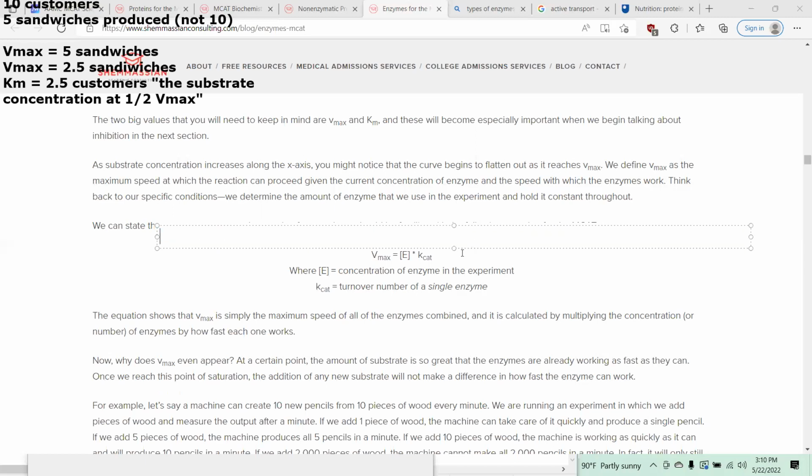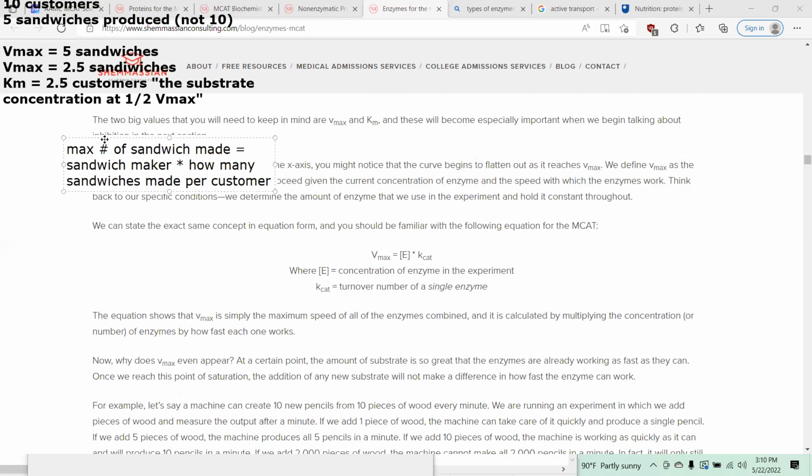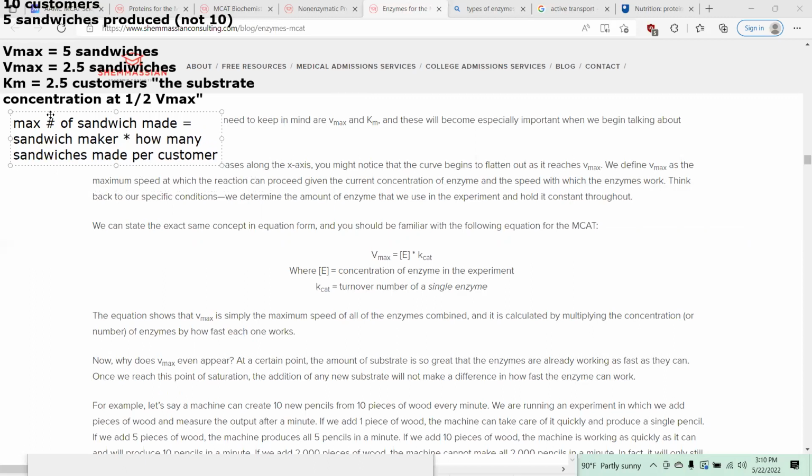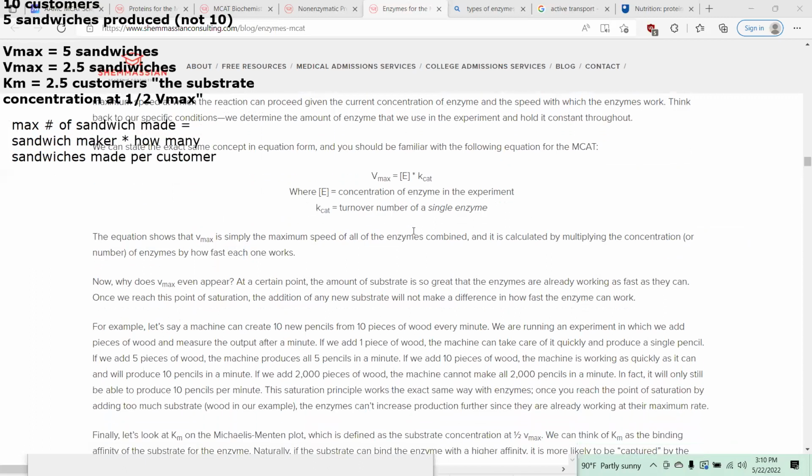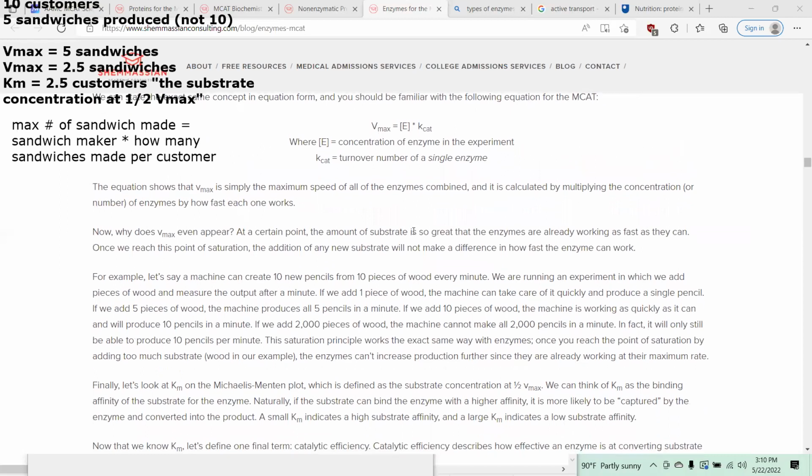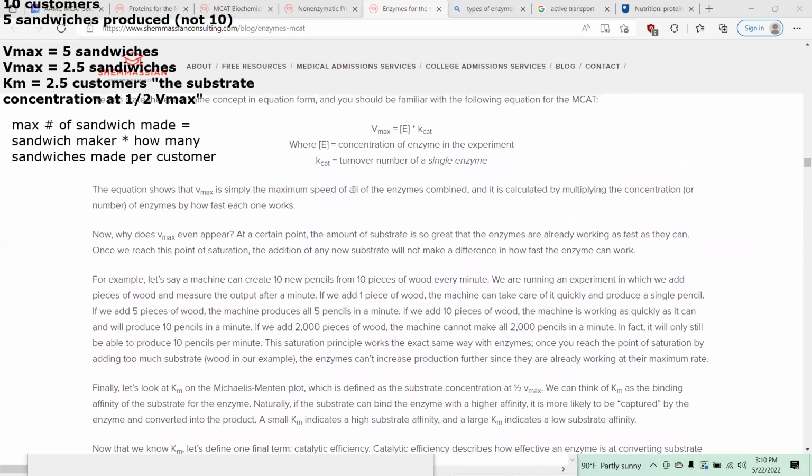Okay. So now, the equation shows that Vmax is simply the maximum speed of all the enzymes combined, calculated by multiplying the concentration of enzyme by how fast each one works, right?